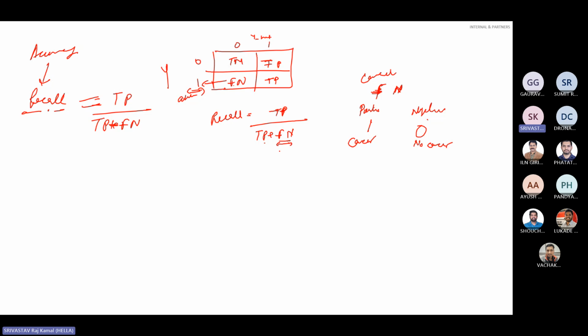So for example, in this case, the actual person got cancer, but you tell him that this person has no cancer, right? What could be the implication? He could die. Perfectly, because he would be assured that I am okay, so he will not go for a second opinion, right?